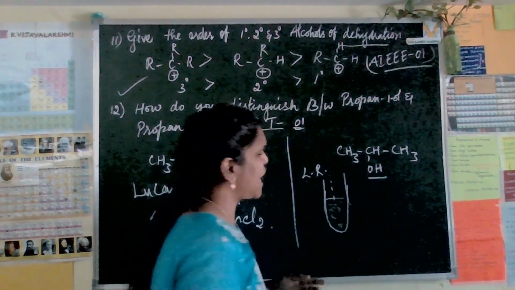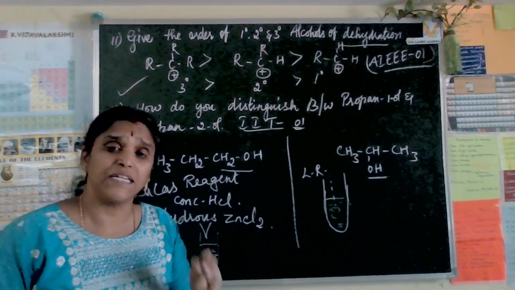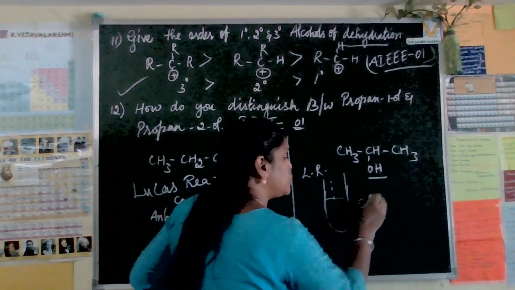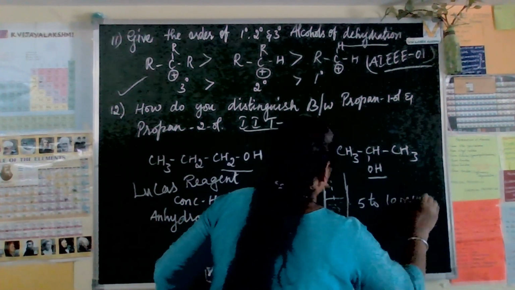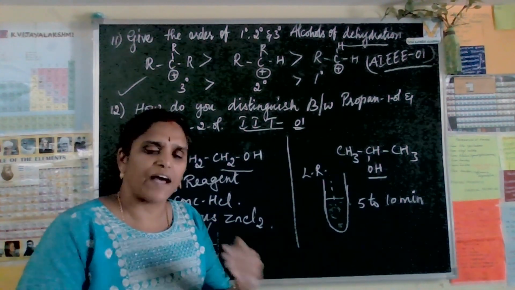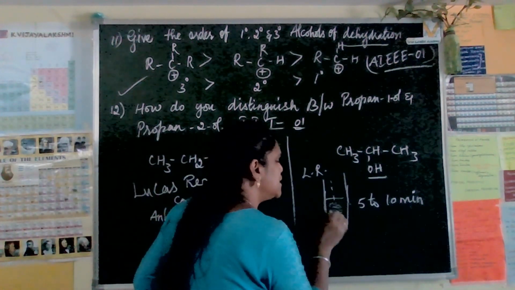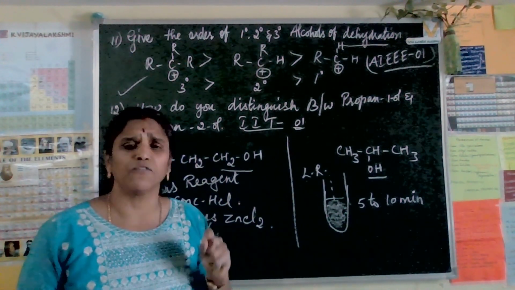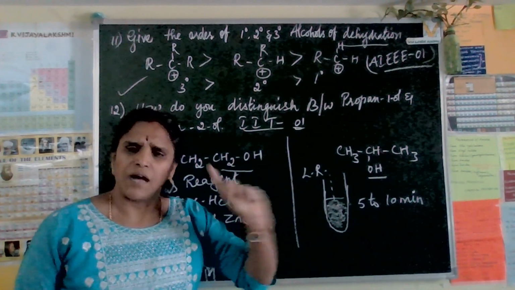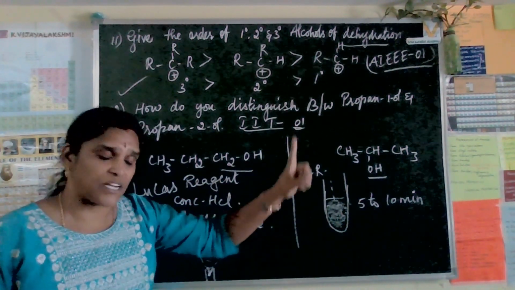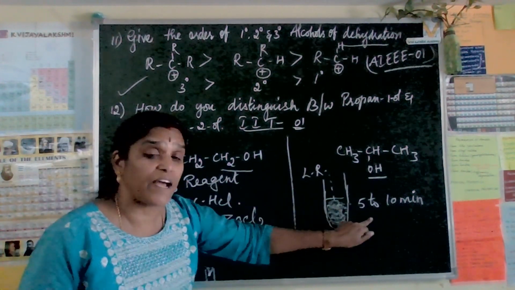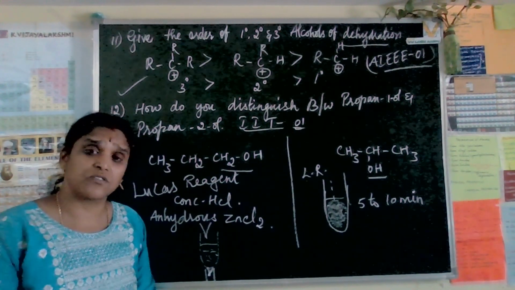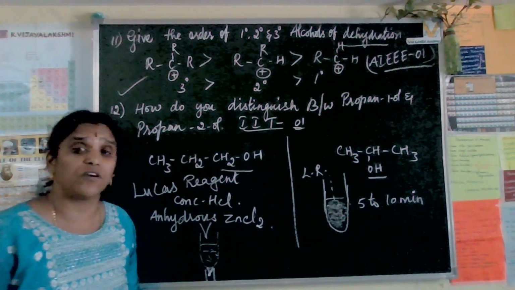First it will be slow and steady. After 5 to 10 minutes, minimum 5 minutes, it starts reacting, and slowly turbidity forms. But tertiary alcohol responds very fast, at once. Secondary reacts after 5 minutes. Primary is very slow, dead slow, unless we give external heat, then only it will react.